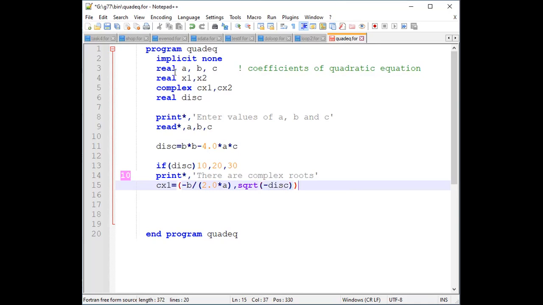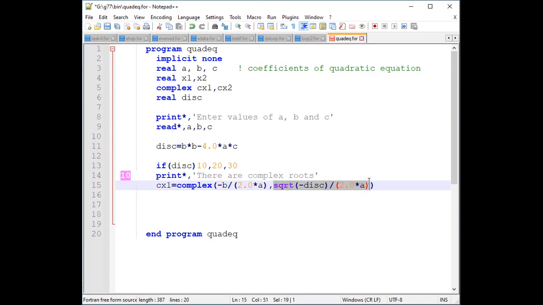If we are using the variables not as constants, therefore we have to use the function complex right here. And with the discriminant, again, there will be a division by 2.0 asterisk a, right? Real part and the imaginary part, they are written in the parentheses, right? This is the real part of the solution, and separated by comma, this is the imaginary part of the solution.